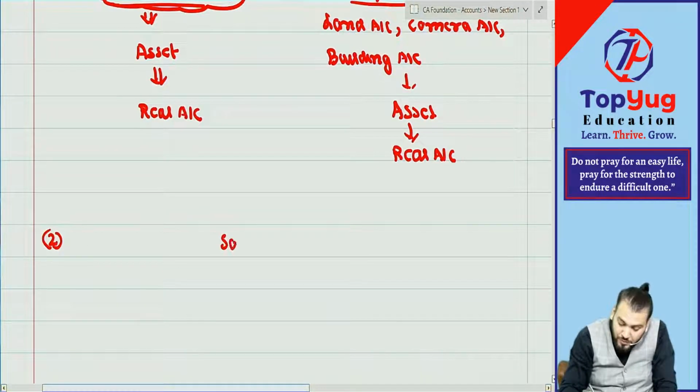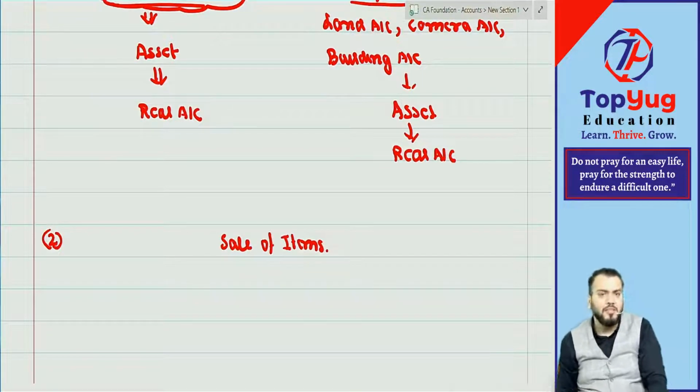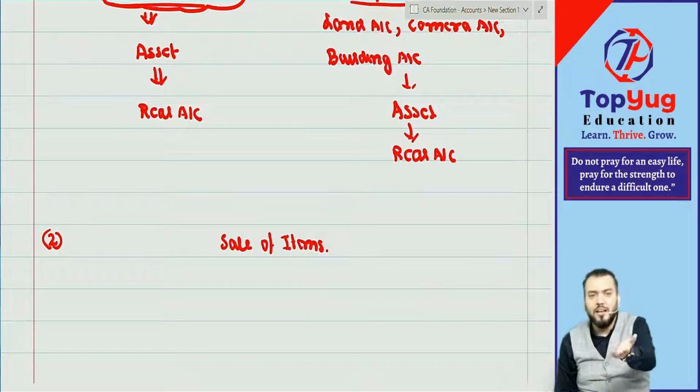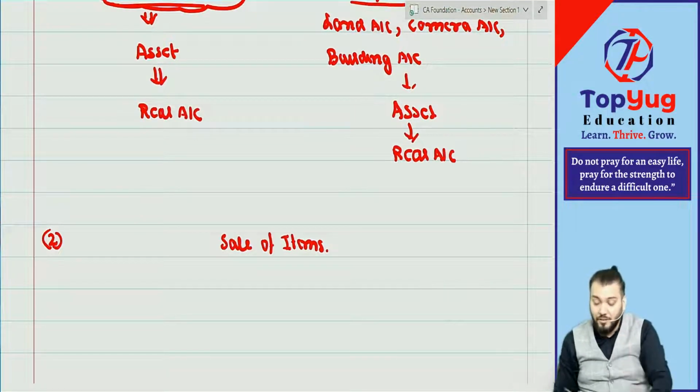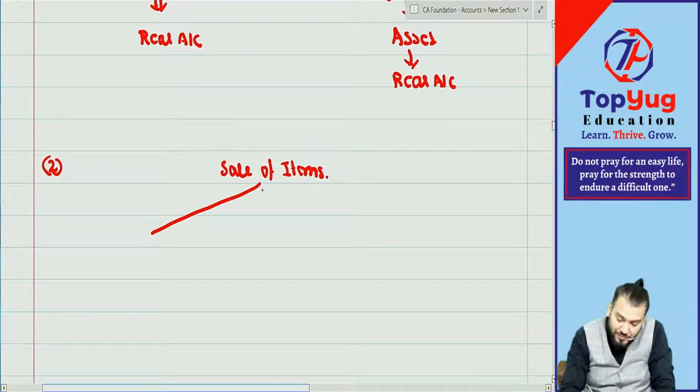Now, sale of item. Understood? So of course, whatever you purchase, one day you will sell it. I purchase furniture. After some time, I can sell it. Correct now. The sale of item. Now the question is what you are selling.